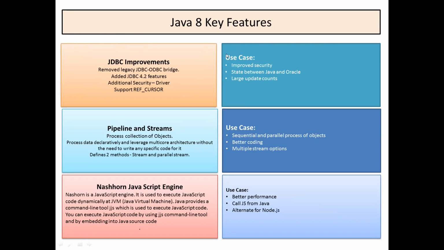So server side means, say in the MEAN stack, the N stands for Node.js, which is a server-side scripting language. Once the data is sent from the client to the server, we need some program running on the server, whether on Tomcat or any other server, which will accept the data and have some business logic to process it.